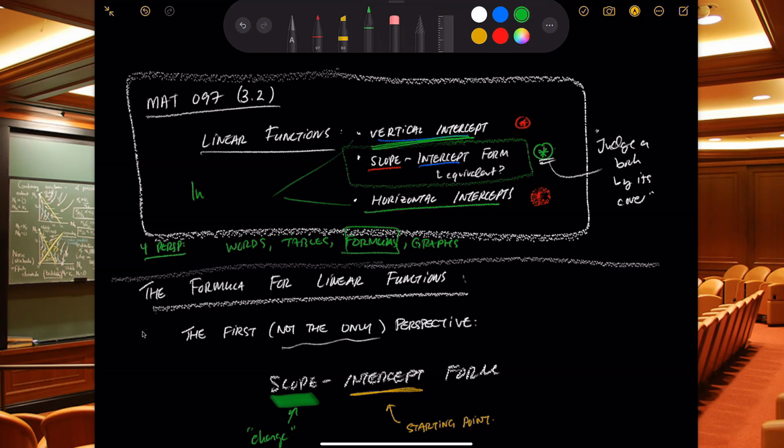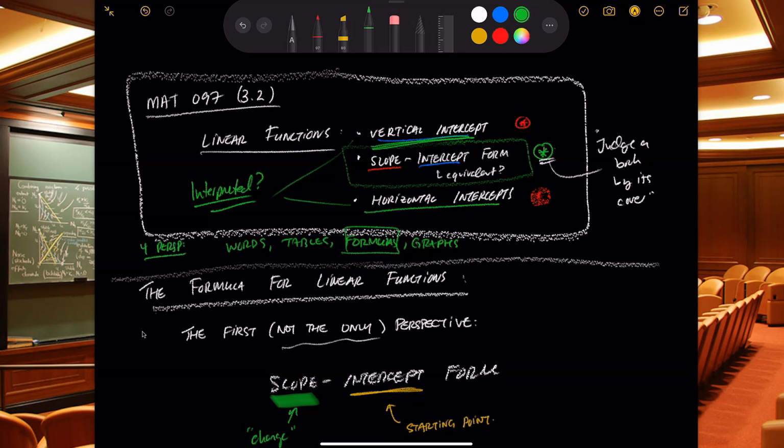Can they be interpreted? Does it make sense? And just because it might be challenging to interpret doesn't mean that it doesn't make sense. It might be a bit of a walk. So don't just discard it if it's not super clear. But sometimes it just doesn't make sense to interpret them as applicable.